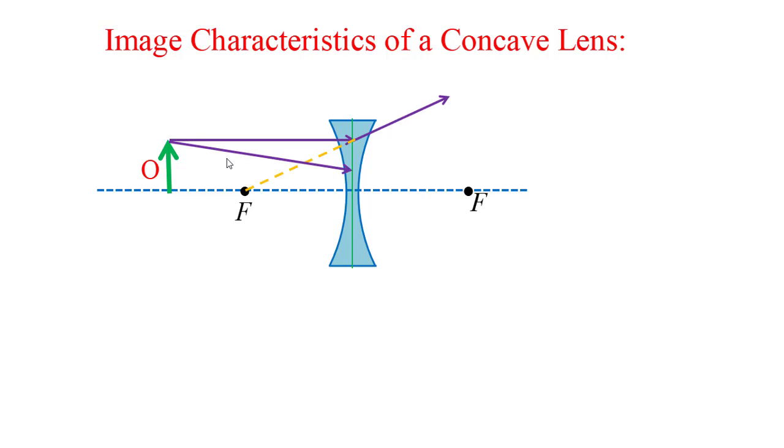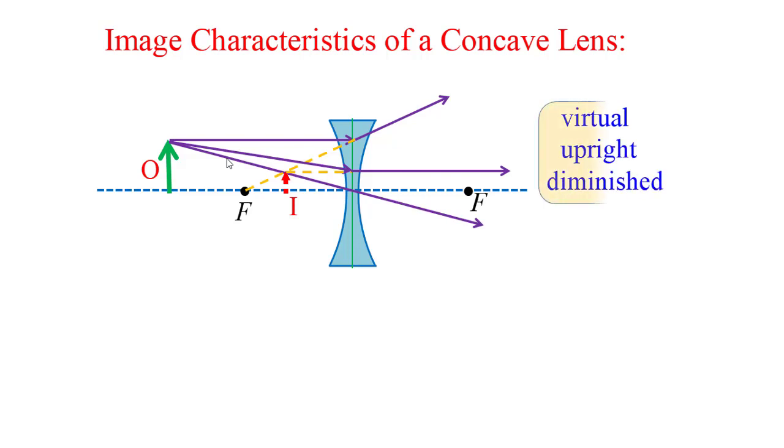And this second ray is once again refracted, being parallel to the principal axis. So this ray passes straight through this concave lens because the ray is passing through the center of the lens. So this is where the image is created. And the nature of the image is always virtual, upright, and diminished.